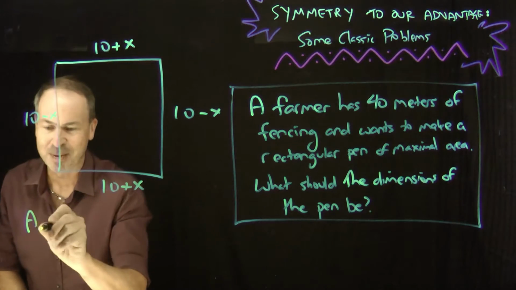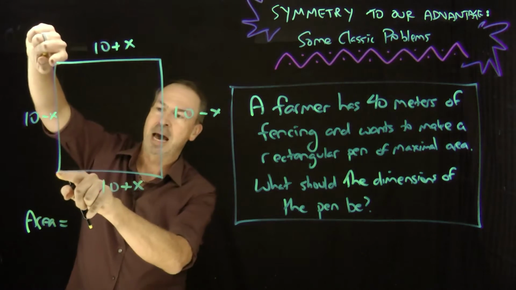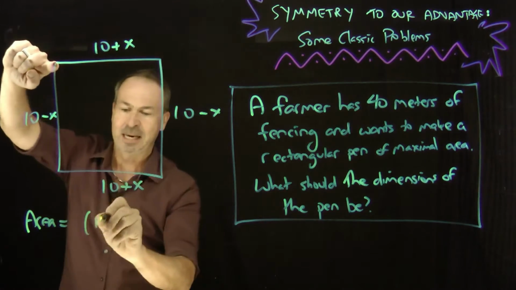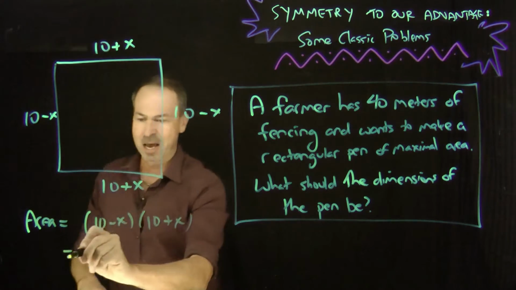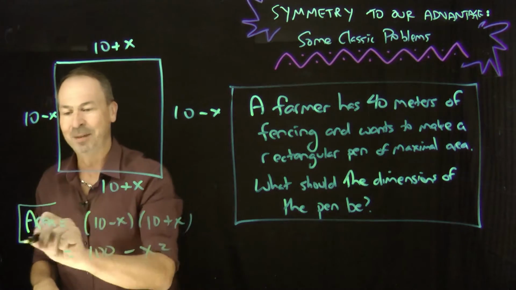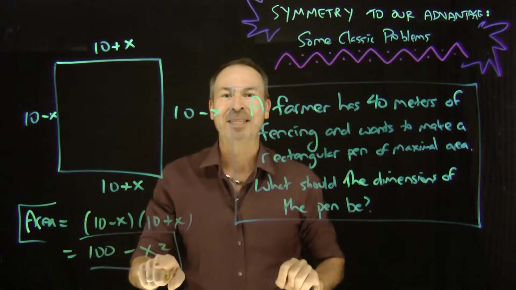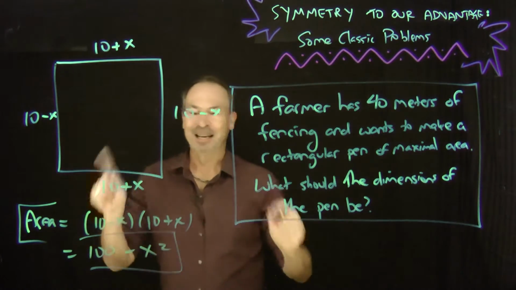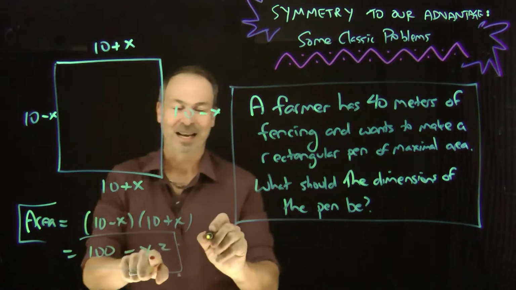In fact, let's see if it helps me out, because I want to know the area. What's the area of this general rectangle? It's going to be length times breadth. It's going to be 10 minus x times 10 plus x. Expand that out, so I get 100, cross terms go away, minus x squared. The area is always 100 take away something. Now it's clear I get maximal area when I take away nothing.